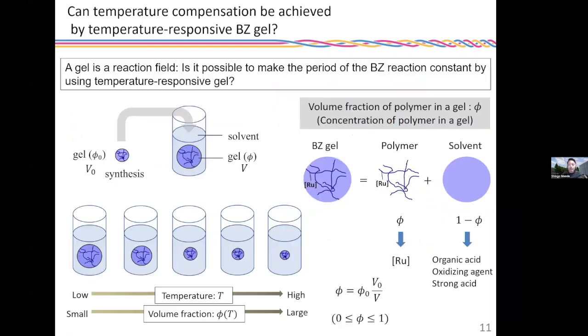So this is our idea. And the important thing is that when the temperature becomes higher, the volume fluctuates, which means that the concentration of polymer, to which the reduced metal catalyst is bonded, is changed by temperature.